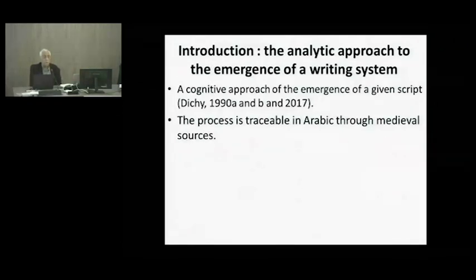On the whole, I have developed an approach of the emergence of a given script. The fact is, the process is traceable in Arabic through medieval sources, and life is much simpler when you work on a language like Arabic than when you work on English or French.